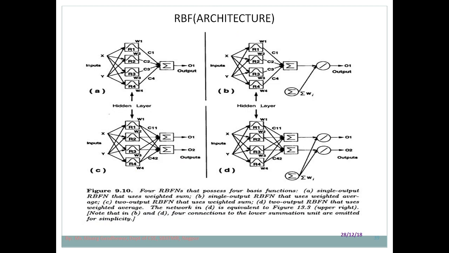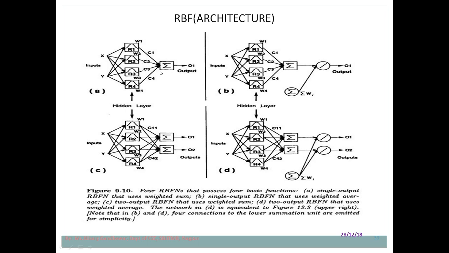Now again we'll see more structure of RBN. Here I have shown you four diagrams. In the first diagram, it's a single output RBN that uses a weighted sum. As I told you earlier, in the case of RBN or RBF, we have an input layer, one hidden layer, and the output layer.